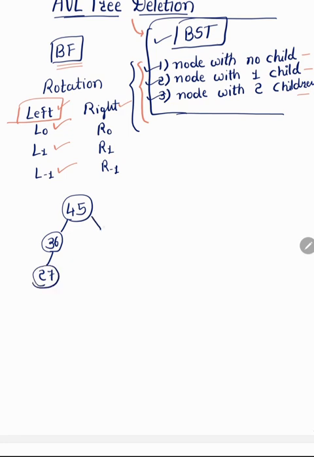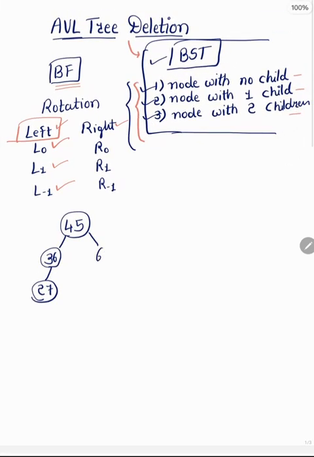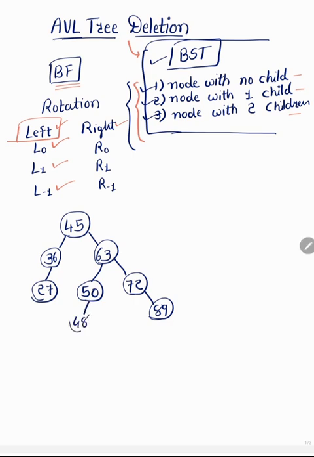Then I have 63 over here, then 72, then 89, then here I have 50, and along with that I have 48.